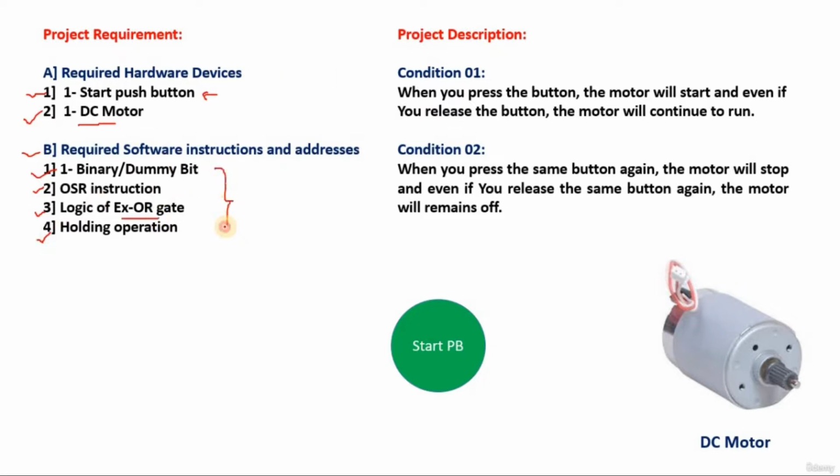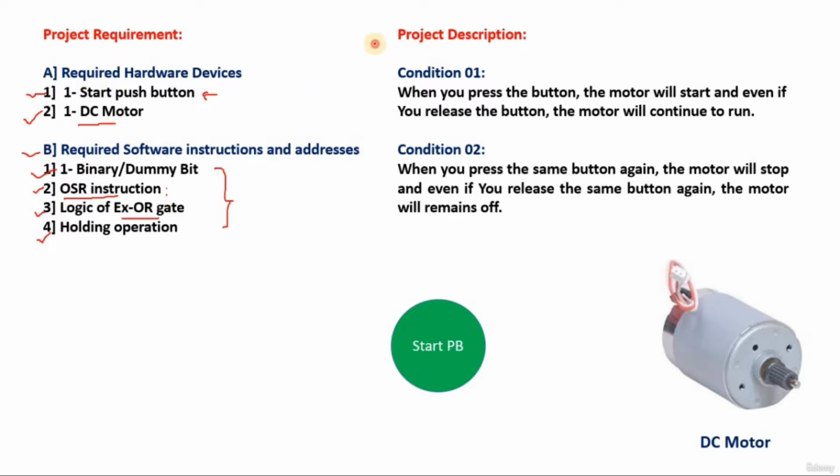This is the programming part. While designing the program, I will explain this part in detail: what exactly is the meaning of OSR instruction and how to use it to execute the remote control operation. Basically, the OSR instruction is helpful for performing remote control applications.